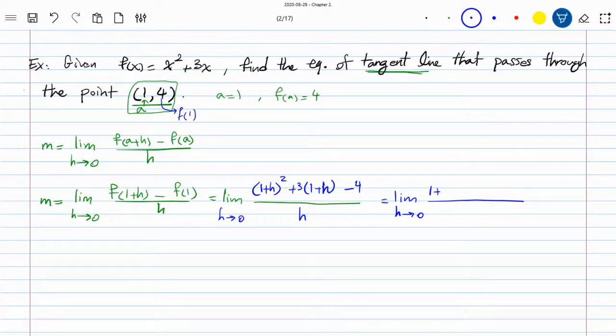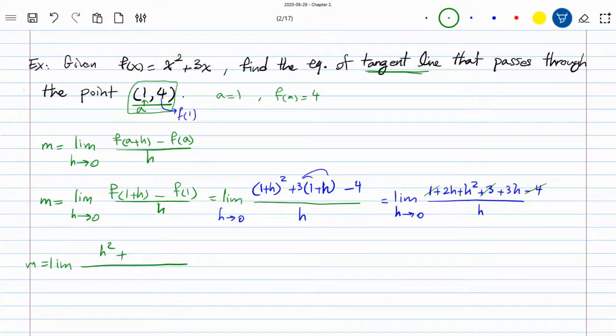It would be 1 plus 2h plus h squared, plus 3 times, distribute this 3 as well, 3 plus 3h, minus 4, divided by h. Okay, I'm going to cancel out some terms. 3 and 1 are 4, minus 4 will cancel out. So m would be equal to the limit of h squared plus 2h plus 3h, 5h, divided by h as h approaches 0.